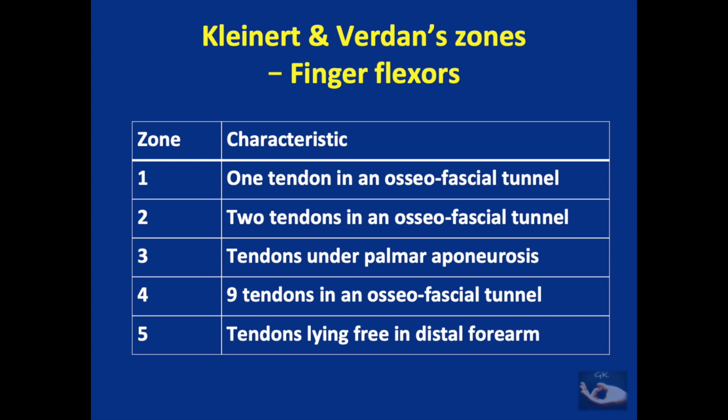Zone 4 represents 9 tendons in an osteofascial tunnel, and zone 5 represents tendon lying relatively free in the distal forearm. Hence, tendon injury in zone 2 and zone 4, where there are more than one tendon in an osteofascial tunnel, are prone for problems after repair.